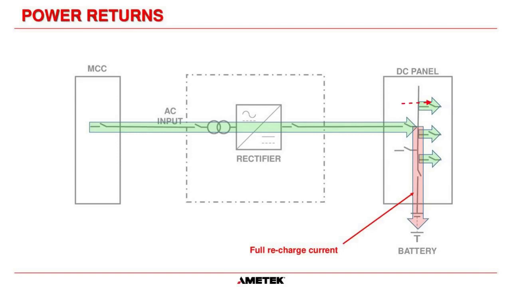So these green ones here, the charger is now supplying power to the load circuits. And then you can also see here, now full recharge current is going to the battery, okay? So whatever the system is designed at, however much current is left over from the charger after feeding the load circuits will all go into the battery to get it recharged as quickly as possible.